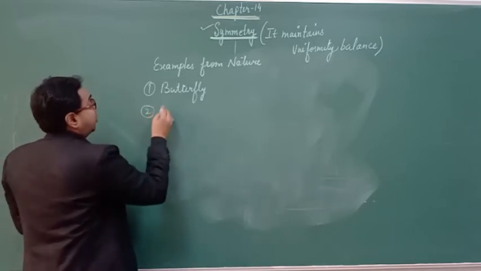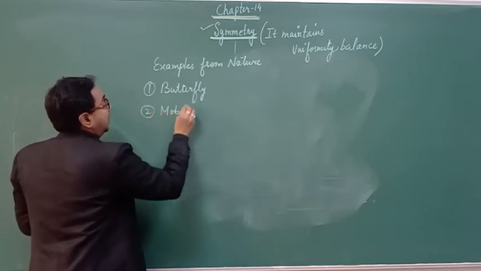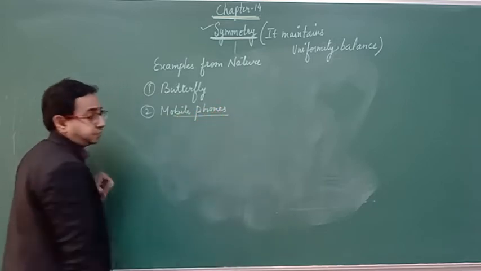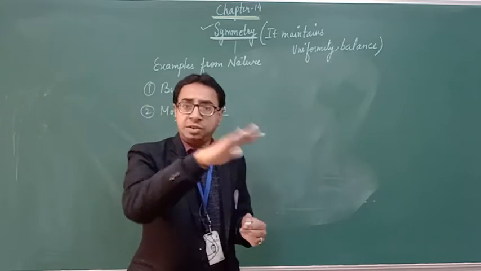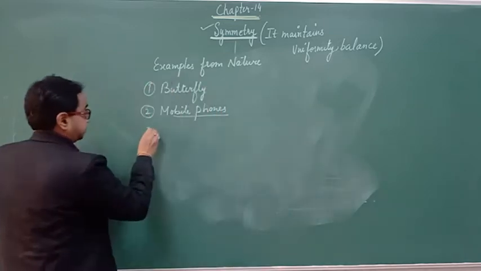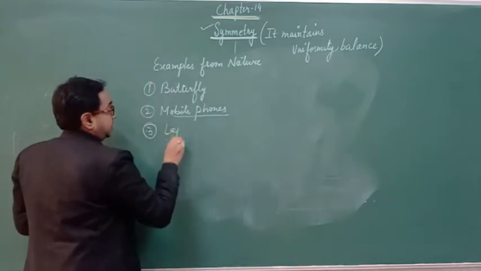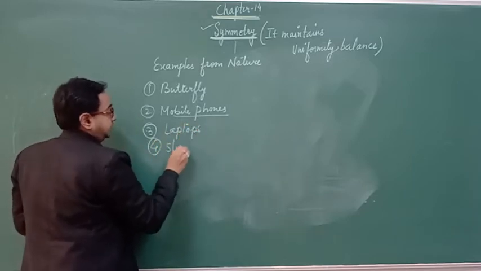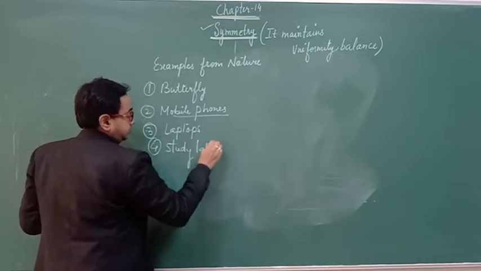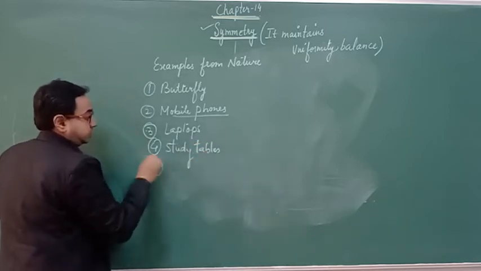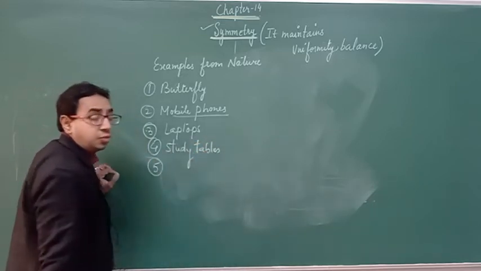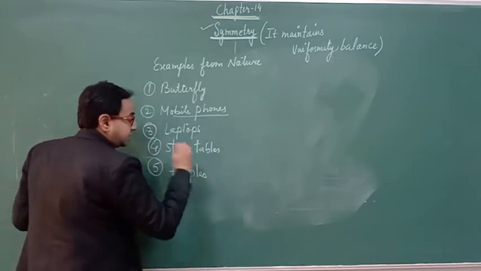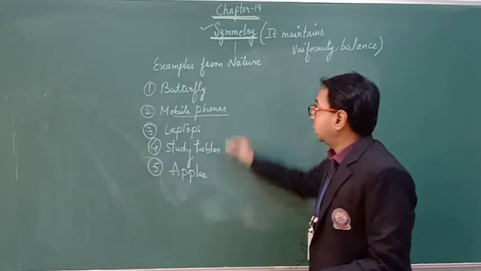Secondly, your favorite right now in the pandemic, the most important thing in your life, mobile phones. They are symmetric. You cut mobile phones, the shape is the same. Laptops. Your study tables. Anything else? Apples in nature. They are symmetric. Yes or no?